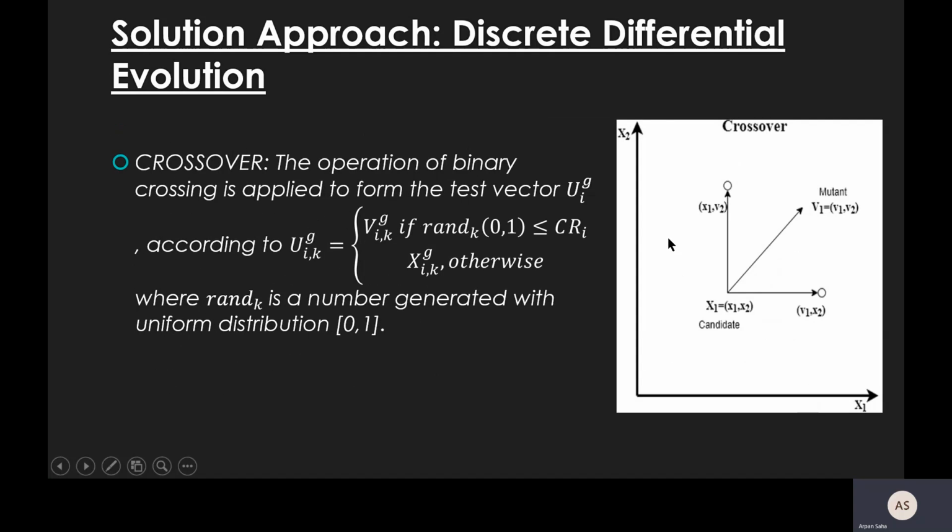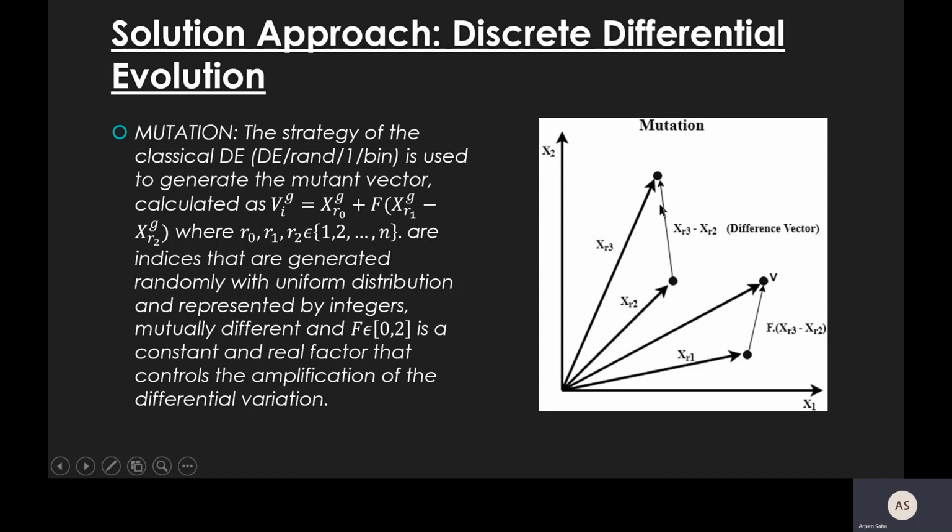We multiply this difference vector by F and get F into XR3 minus XR2. Now we add this vector with XR1 to get the mutant vector V. So till now we were dealing with the target vector X, which was initialized randomly. Now from the X's we get V, which are called the mutant vectors. Now we will see what the next steps are.